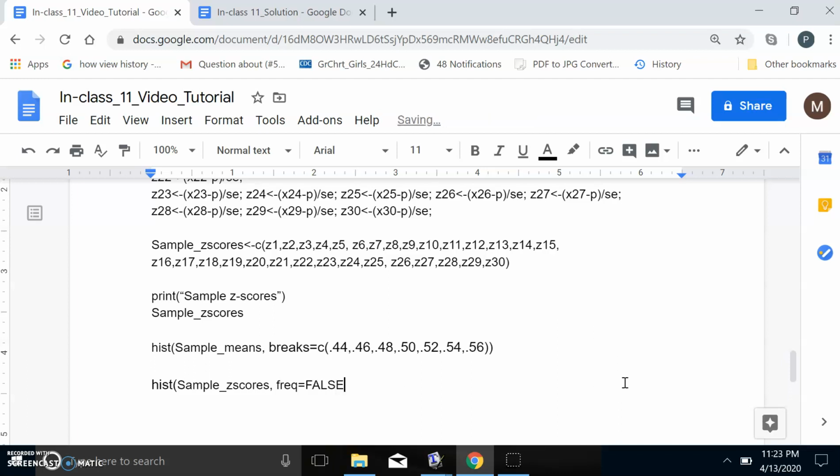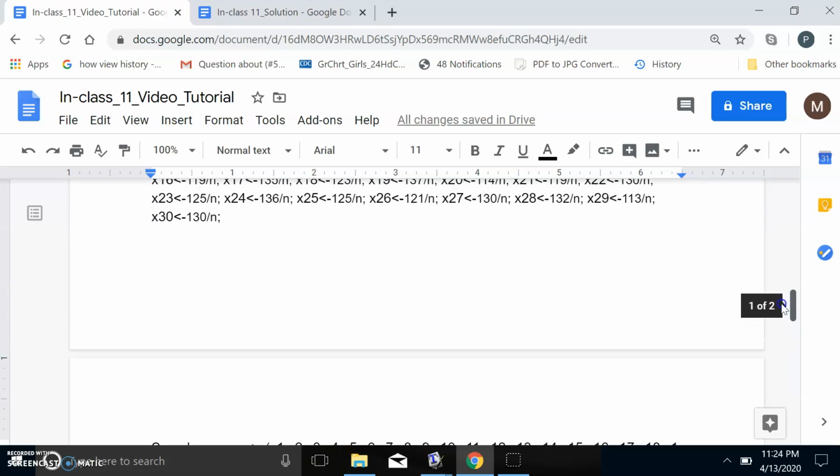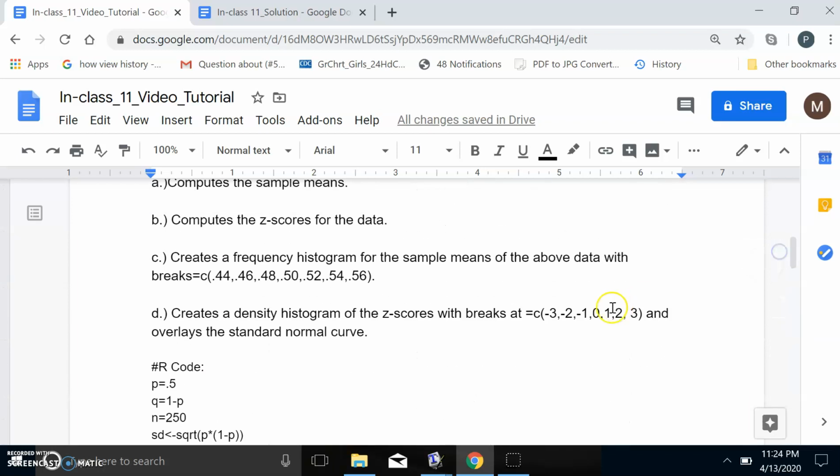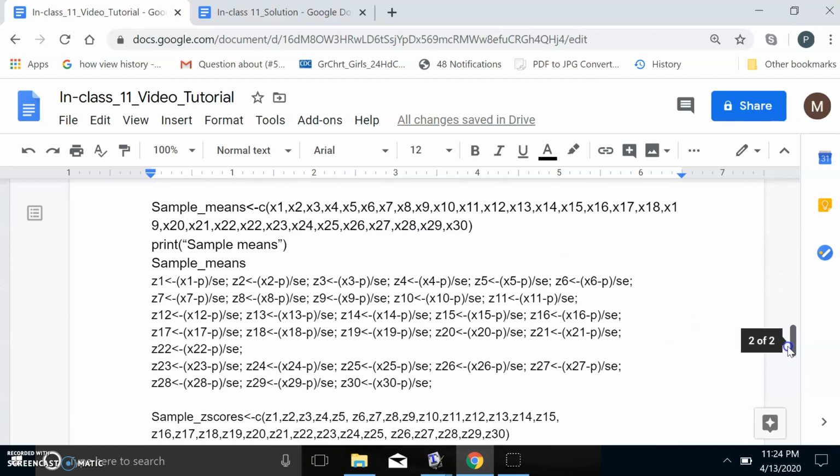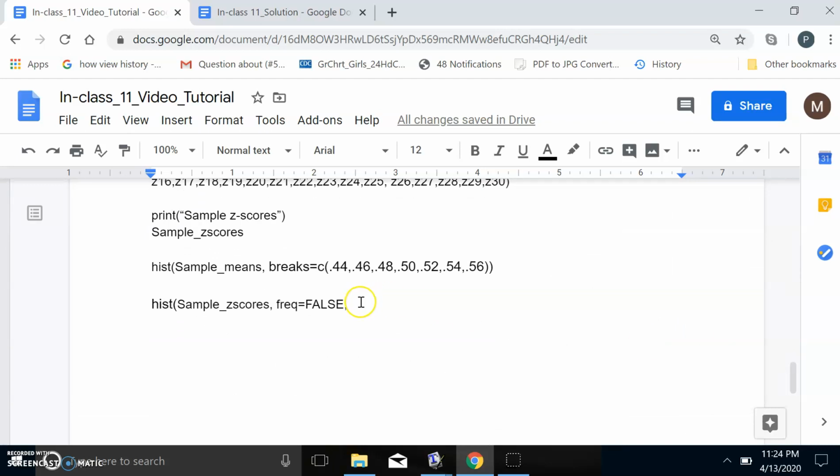Then we put breaks for our z-score, which is given up here. Breaks here. Okay, and another quotation, parenthesis at the end. And that would be it for that one.